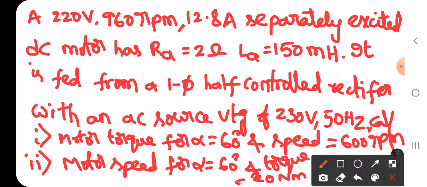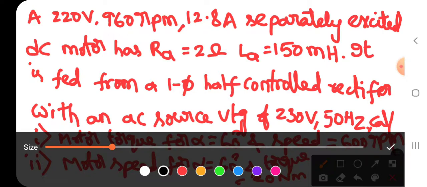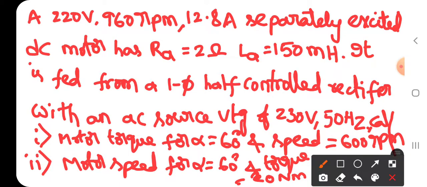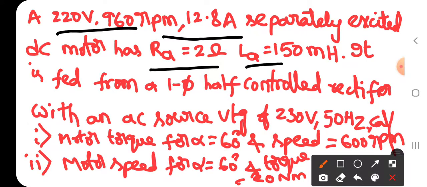So if you inspect this problem, he has given the rating of the motor: 220 volts, 960 rpm, 12.8 amps separately excited DC motor with armature resistance and armature inductance.